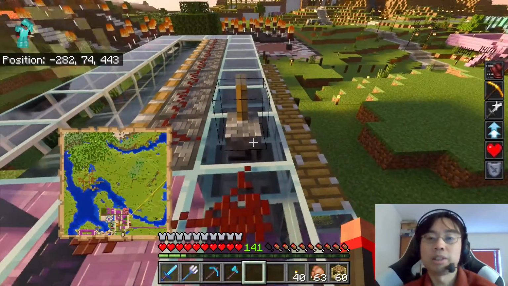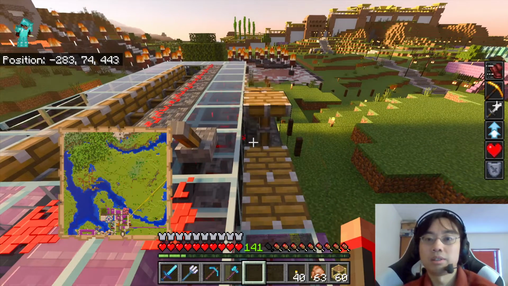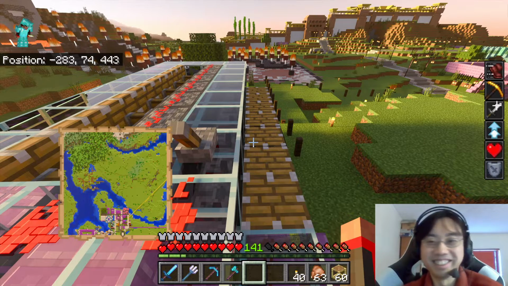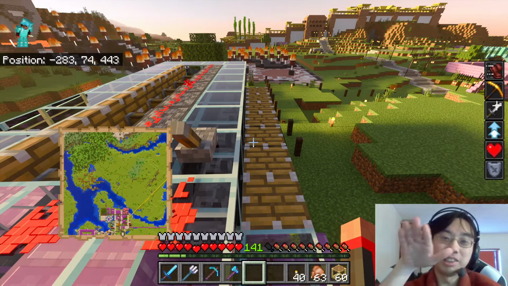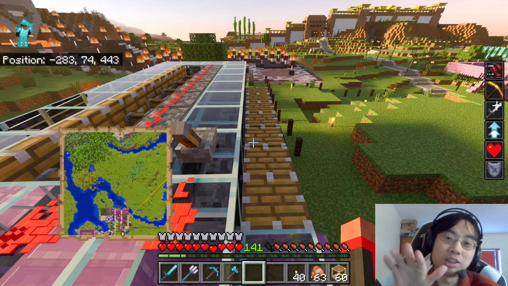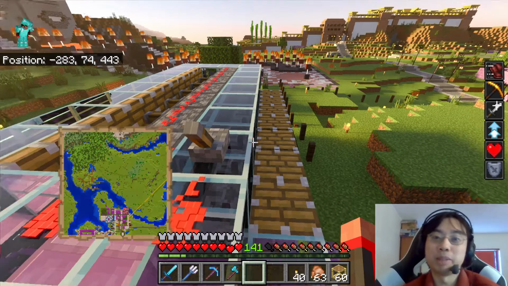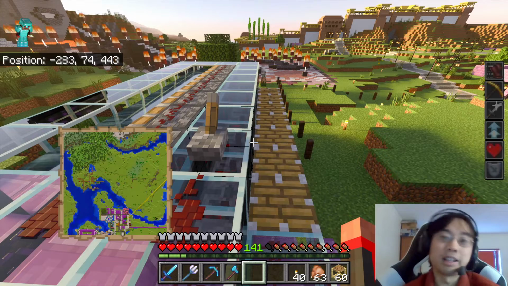So if we cut the water, what the hell is that? When you cut the water, it drains away, but it doesn't drain away in a predictable manner. So when the water comes in, that's easy.